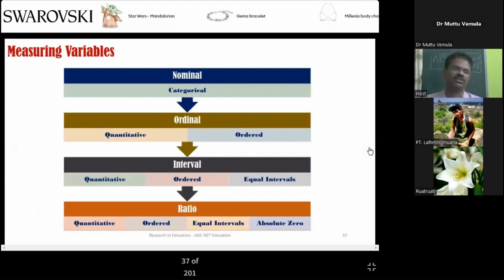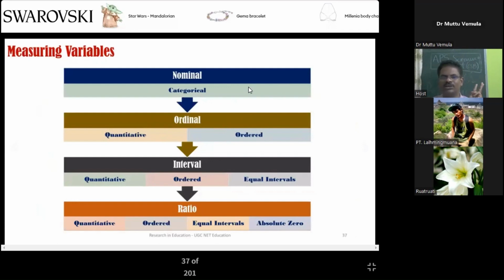Then the next subtopic as per our syllabus is measuring variables: nominal scale, ordinal scale, interval scale and ratio scale. In tomorrow's session, that is on Thursday, we'll get into detail, but for now, the nominal scale is only categorization. Suppose I take gender: male, female and third gender.